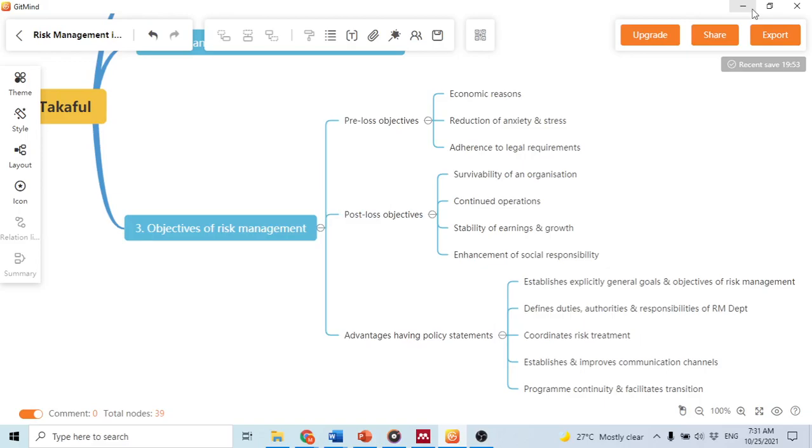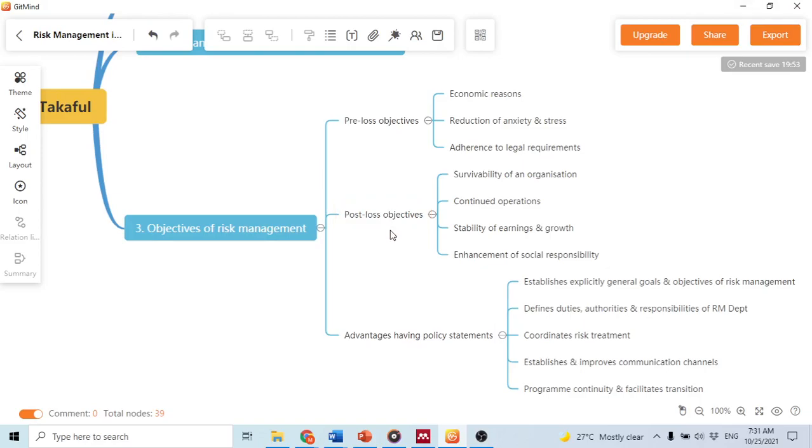So if we would like to categorize the objectives of risk management, we can further classify them into pre-loss objectives and post-loss objectives.